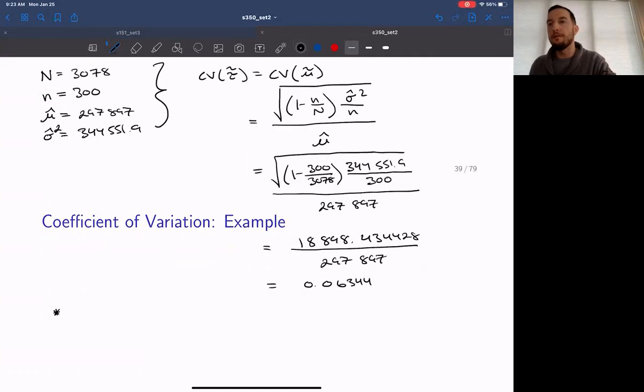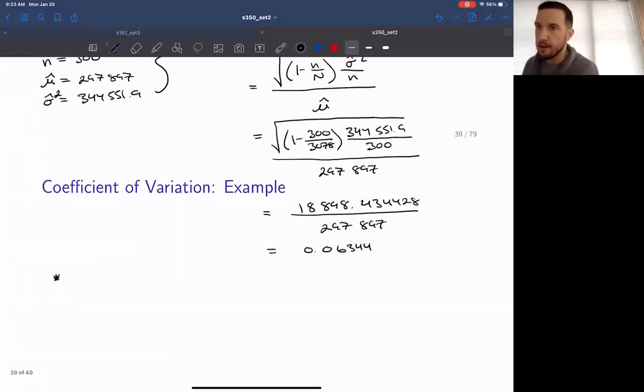All right, so a few notes about this value. We established on the previous slide that values close to 0 would represent precise estimates of the population quantity of interest. So in this case, we can see that our coefficient of variation for tau tilde is equal to 0.063 based off of the sample that we are working with.